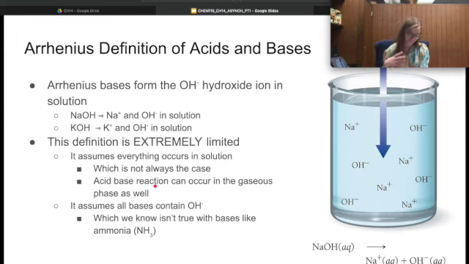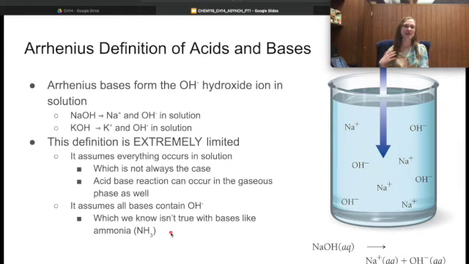The other thing that's kind of funky here is that it assumes all bases contain OH minus in their chemical formula. So we know that's not true. We talked about ammonia before. Ammonia is NH3. There's no OH ion in there. There's no hydroxide ion in there. So we know that's not true.